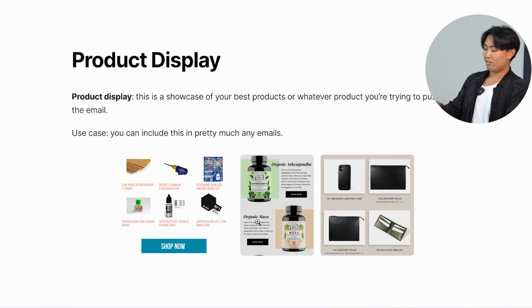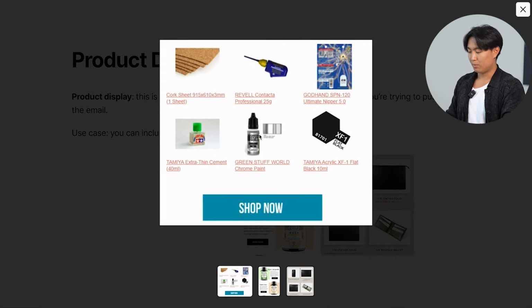If you want to do a product display that's row by row, because you have the product image here with the information and a CTA, then you want to do it in one row. However, if you're trying to showcase multiple products with very little description, then you might want to do a 2x2 grid format. Again, you want to be conscious of what it looks like on mobile. You can see on screen right here an example of a 3x2 product display.